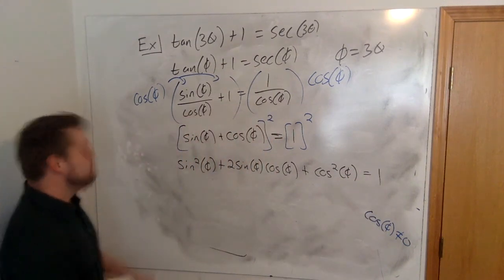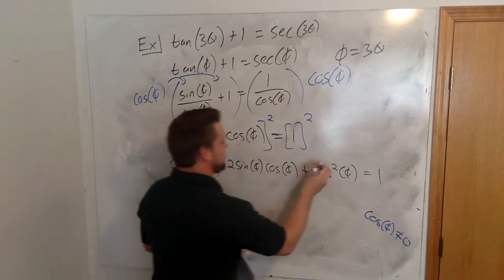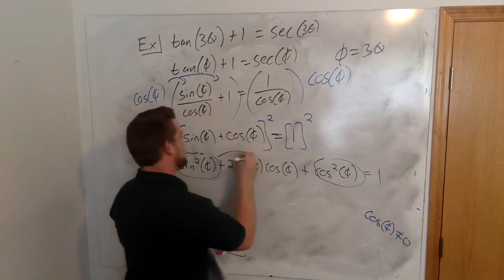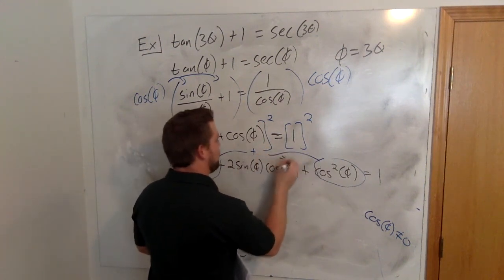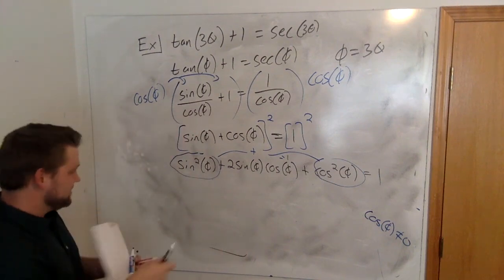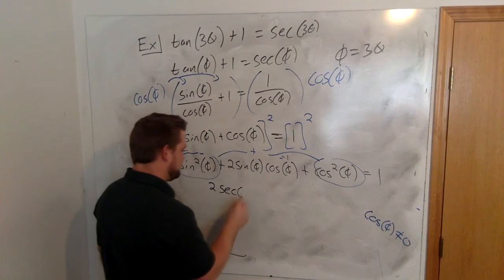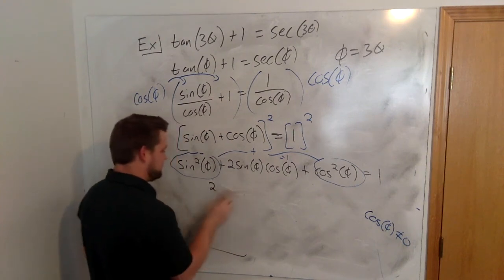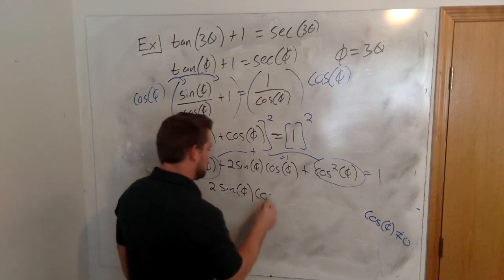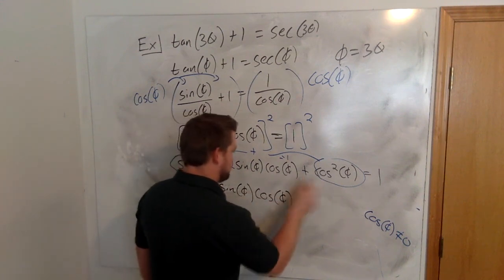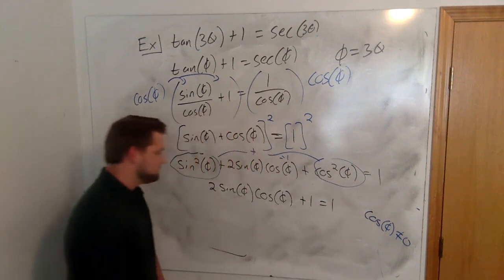Do you smell it? I smell a 1. Cosine squared plus sine squared, and you add those together, you're going to get a 1. So looks like we have 2 sine of phi cosine of phi plus 1 will be equal to 1.